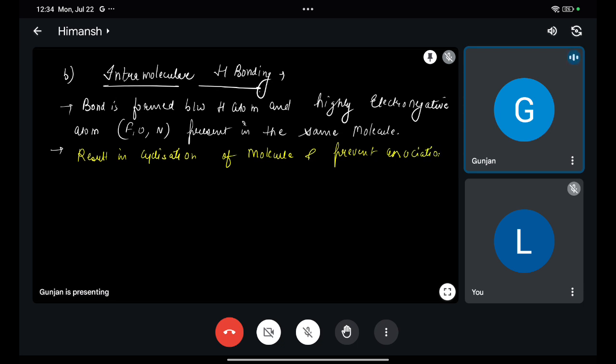Association means it will not combine with other molecules, no? So we can say the effect of this on physical properties is very less, very negligible.